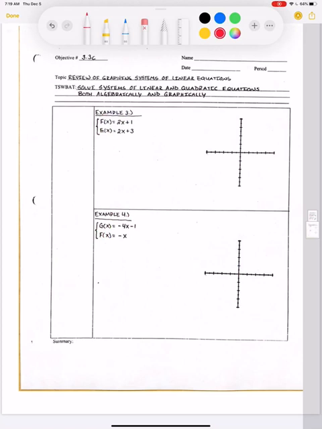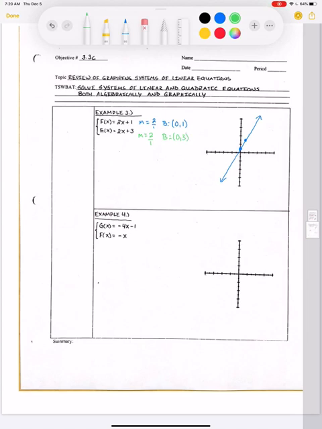Example 3, I have f of x equals 2x plus 1 and g of x equals 2x plus 3. F of x, my slope is 2 over 1, and my y-intercept is 0, 1. For g of x, my slope is 2 over 1, and my y-intercept is 0, 3.